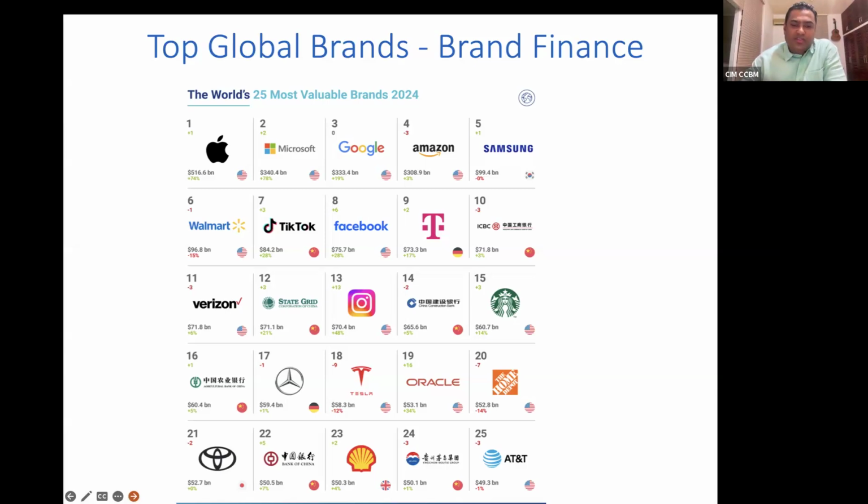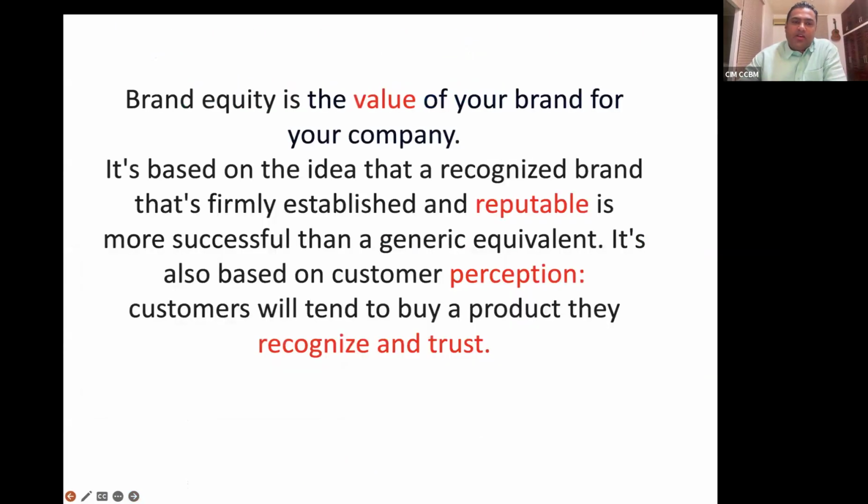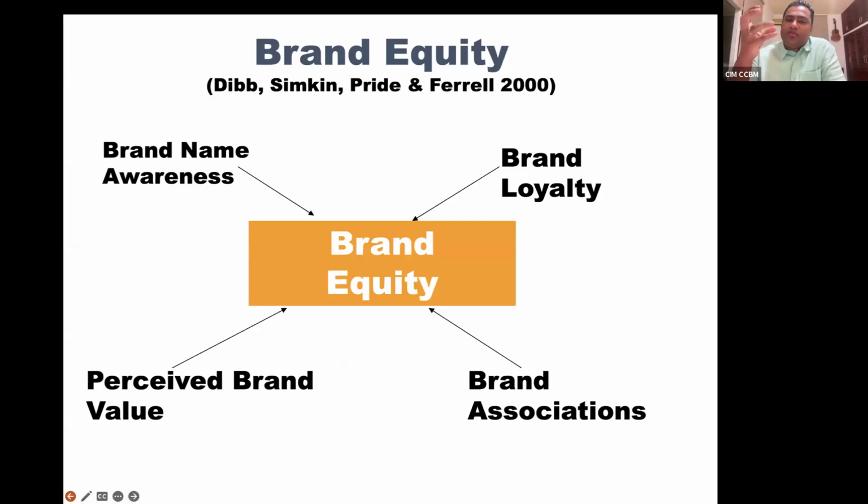And then you can see US dominated, some German brands as well. And of course, a South Korean brand up there. Toyota has gone down, Japanese. So Japan has lost quite a bit, but gaining a lot is China, right? And you can see the TikTok's relevance. No wonder US is banning TikTok, right? Because it's so popular.